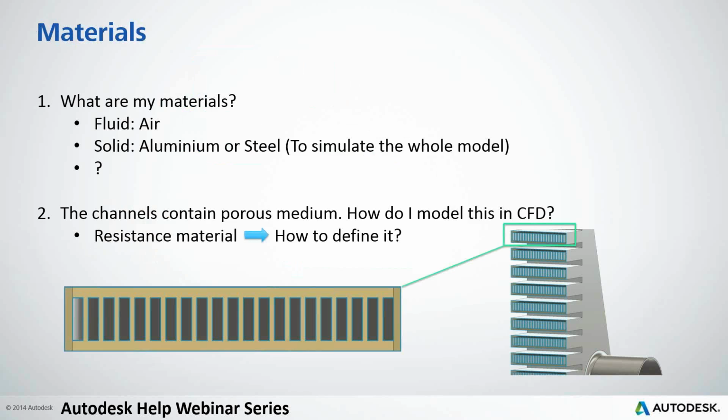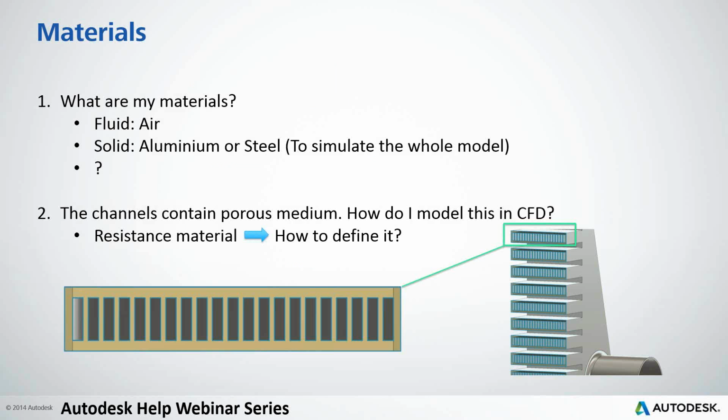Did I skip ahead of you? No, I think you didn't skip. Okay. To start, for the full model, I have two materials so far: the air, which circulates inside the tubes of the heat exchanger, and the solid material, which can be aluminum or steel for some heat exchangers.